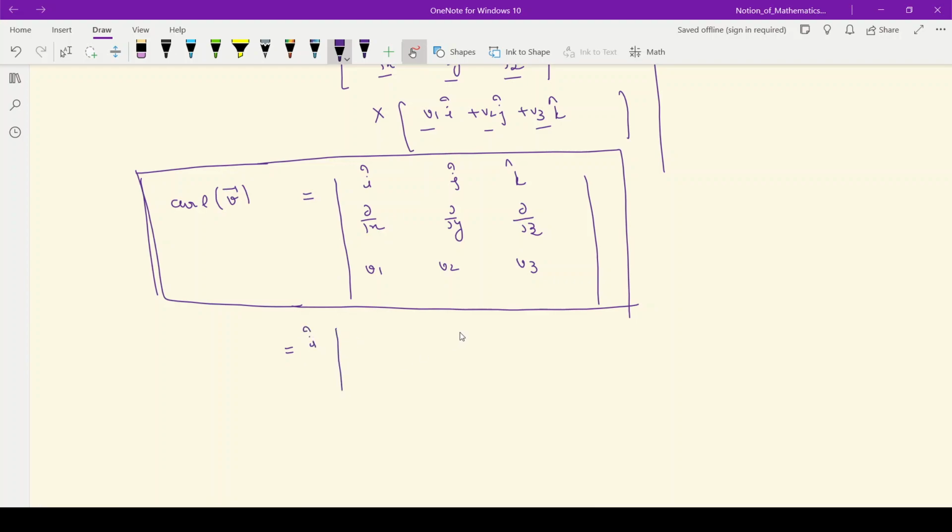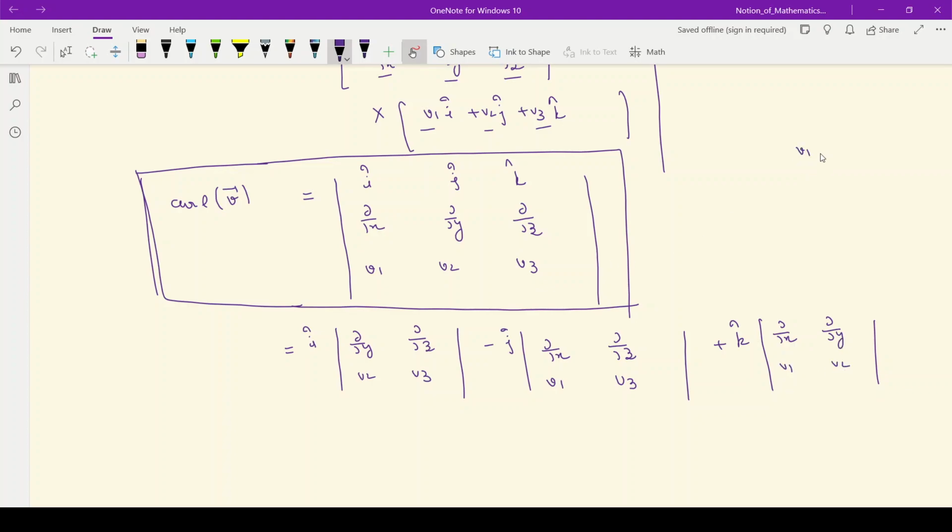Like i cap, then determinant of partial by partial y, partial by partial z of this v2 v3, minus j cap, partial by partial x, partial by partial z of v1 and v3, plus k cap, again determinant of this one, partial by partial x, partial by partial y of v1 and v2. So here all the v1, v2 and v3 are written in small letters along with the subscripts 1, 2 and 3.